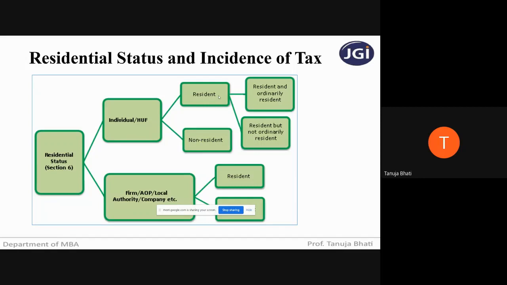If it is a resident, it is further divided into resident and ordinarily resident, or resident but not ordinarily resident.